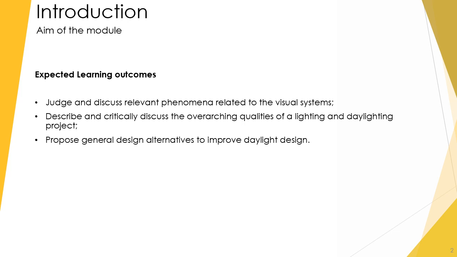Once you are aware about photometric quantities and how the visual system works, you are ready for the second part of the module. It will deal with the ways in which architects, engineers, and even psychologists propose to determine the quality of daylighting and lighting projects.